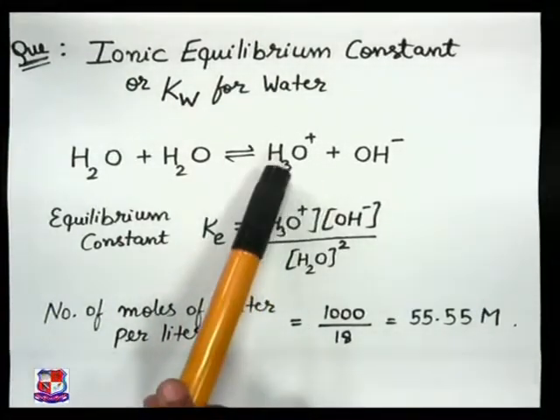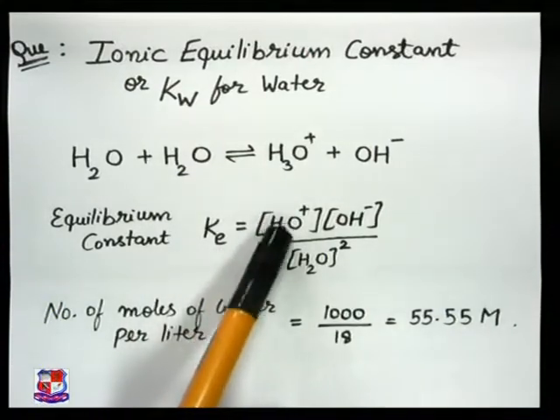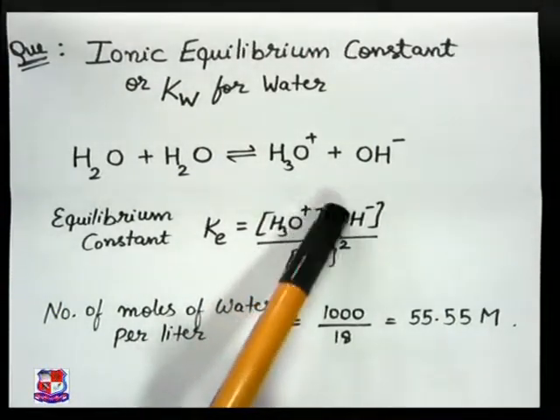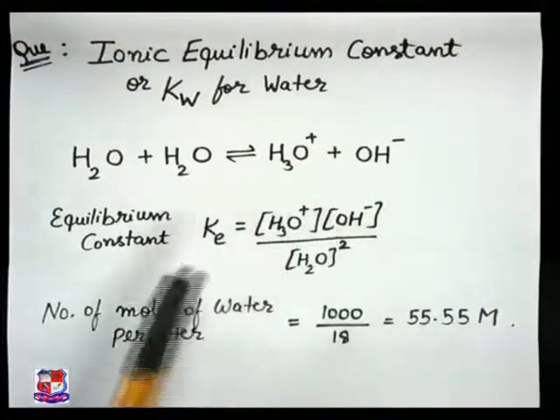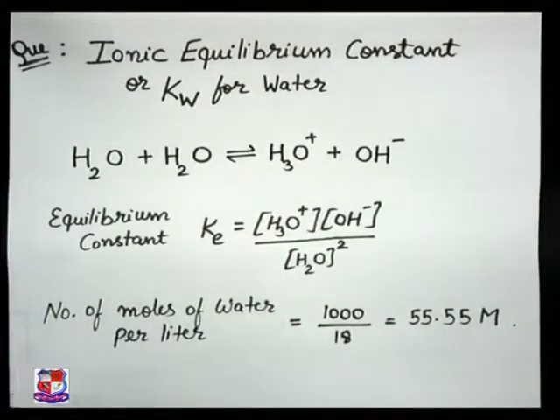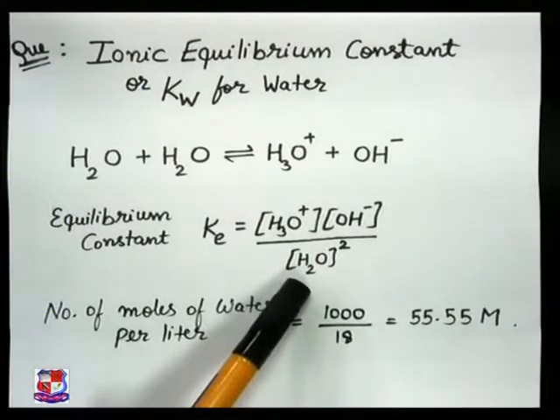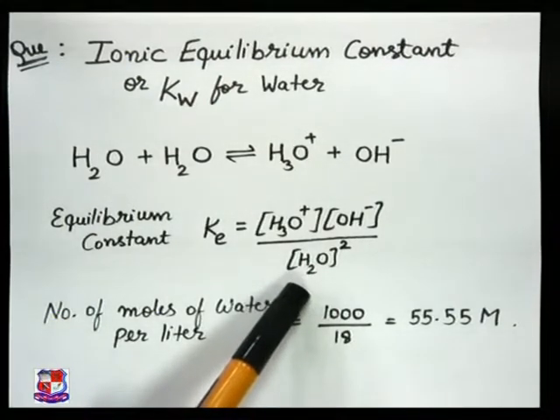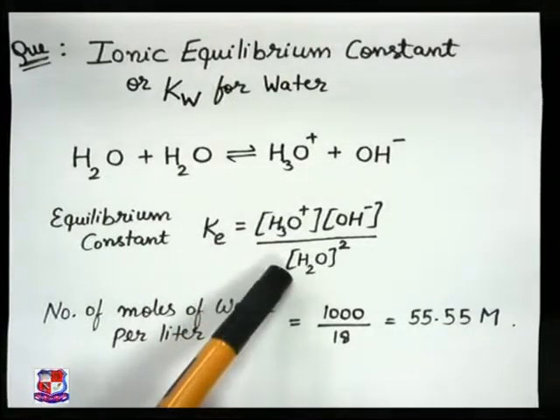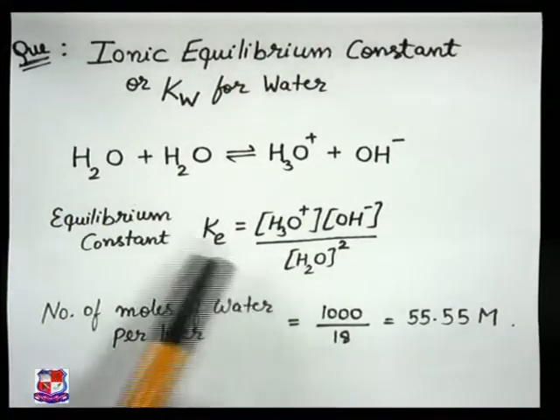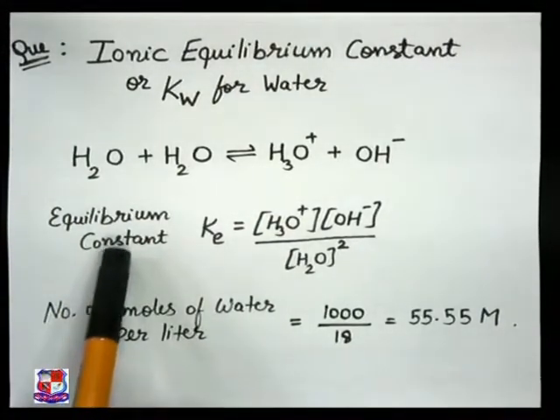Okay, if you see H3O+ is a product, so that's concentration of product, that is multiplied with the another product, that is OH-, that is divided by water, that is concentration of the reactants. Concentration of product divided by concentration of reactants is going to give you equilibrium constant of the water.